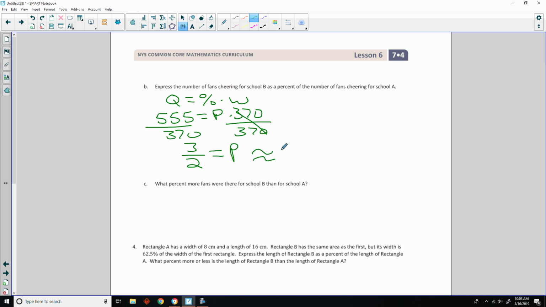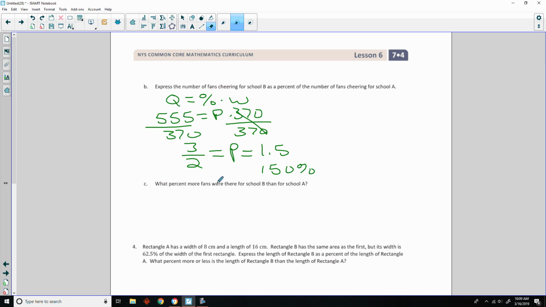So that is approximately 1. Well, let's not do an approximation. Let's leave it in fraction form this time, so the percent is going to equal 3/2 or 1 and 1/2 or 1.5. And 1.5 is 150%.